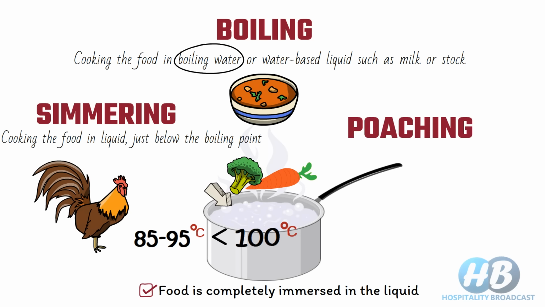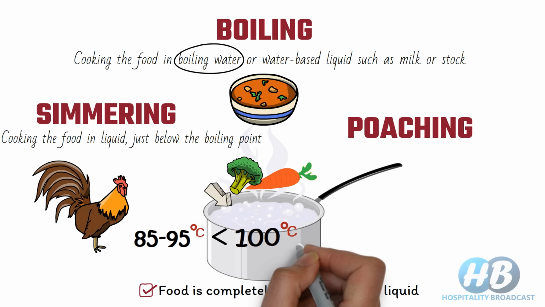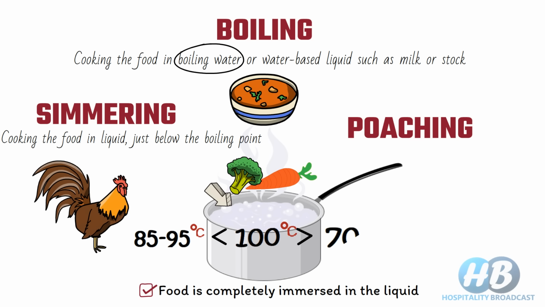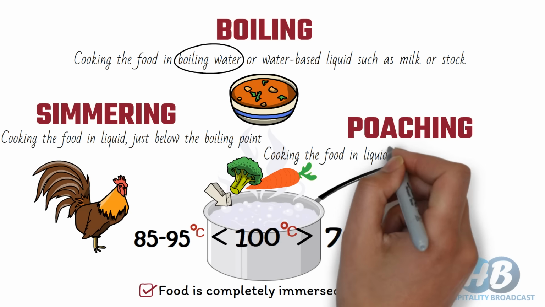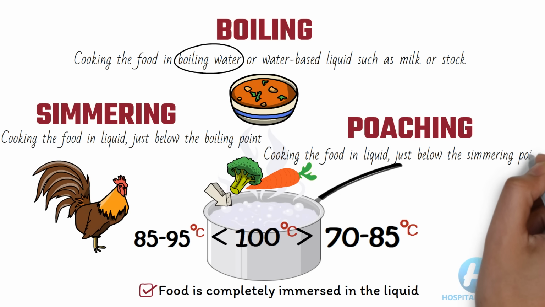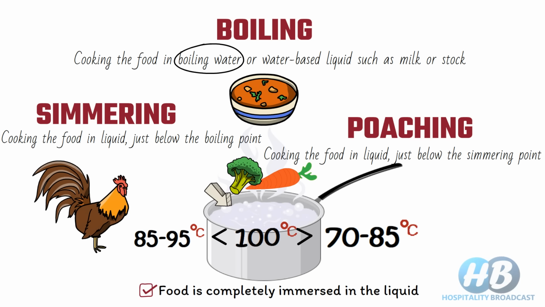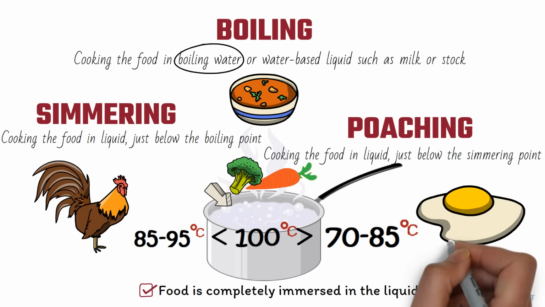Poaching. In poaching, the temperature is kept roughly between 70 to 85 degrees Celsius. It takes experience and practice to keep the temperature constant, so that it neither simmers nor starts boiling. For example, eggs may be poached.